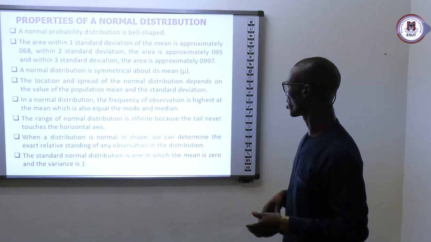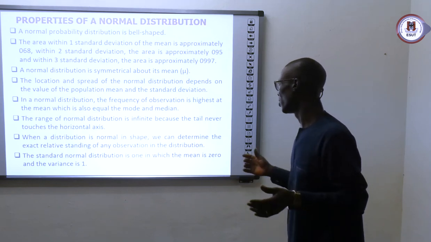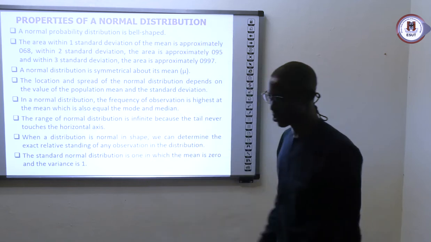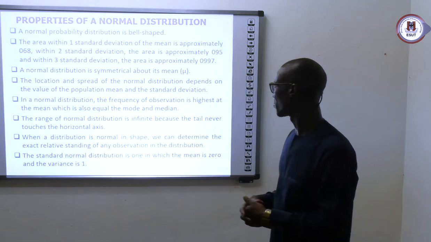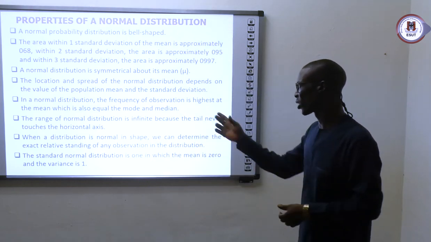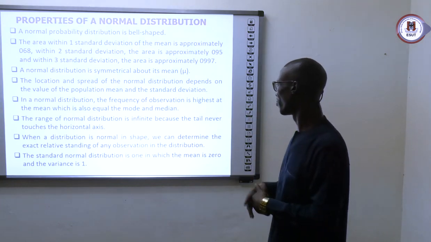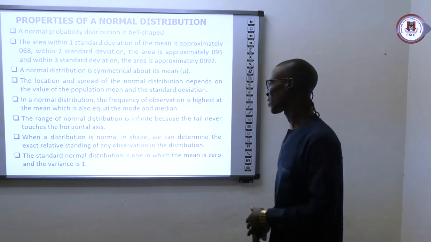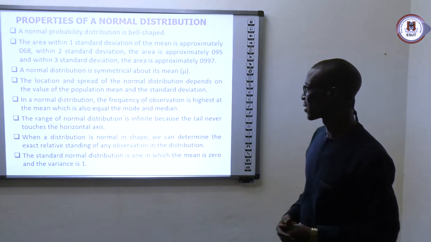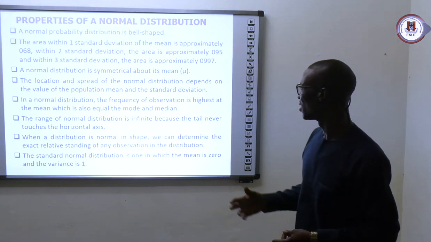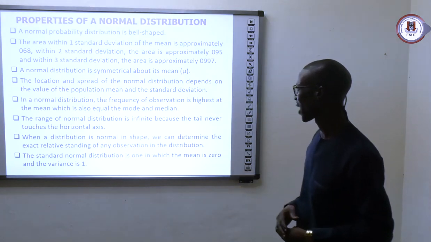A normal distribution is symmetric about the mean. Like we said, it always has mean 0. The location and spread of a normal distribution depend on the value of the population mean and the standard deviation. Remember that the variance of a normal distribution, which I said must be unity, depends on the standard deviation.